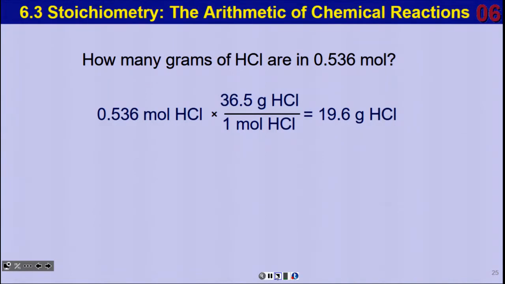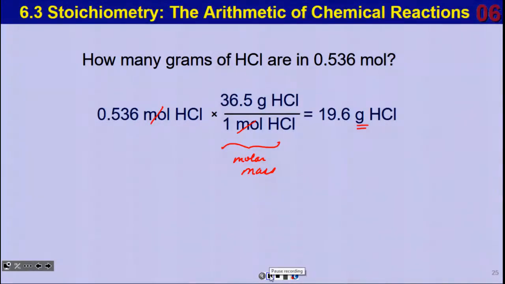Again, we'll set this up in a fashion that the units are going to cancel, but we're using the molar mass here. The molar mass being 36.5 grams of HCl per mole of HCl. If the units are set up properly, the answer you end up with now is grams. So it takes 19.6 grams of HCl for the 15 grams of the ethylene in our reaction.